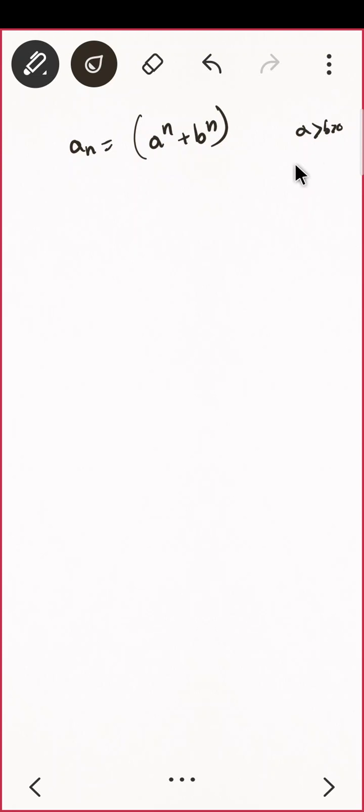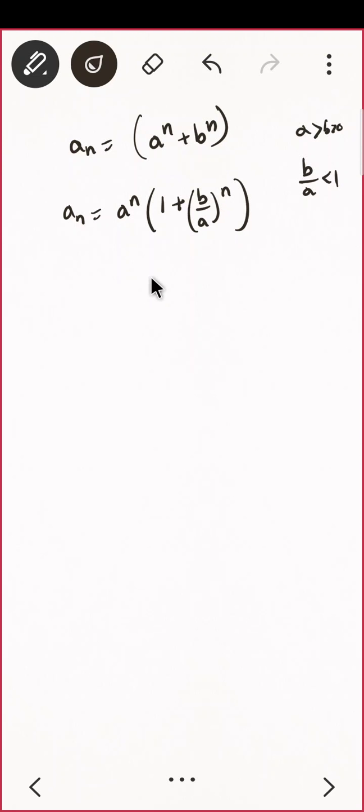What about b by a? Is that less than 1? Correct? So can I take something out? If I take a raised to n common, I will be having (1 plus b by a) the whole raised to n. Do you see?